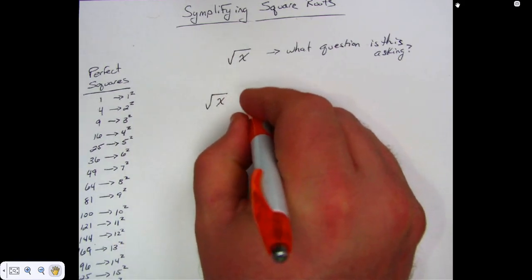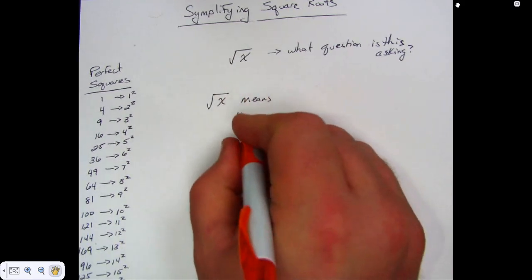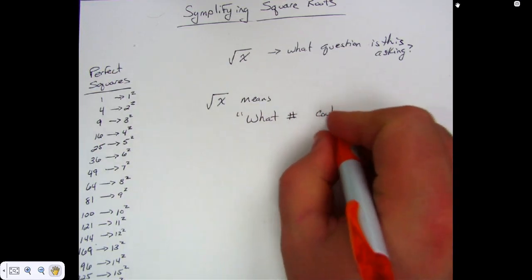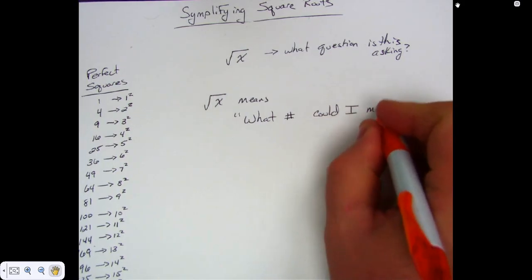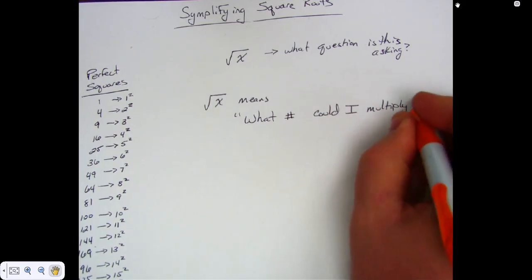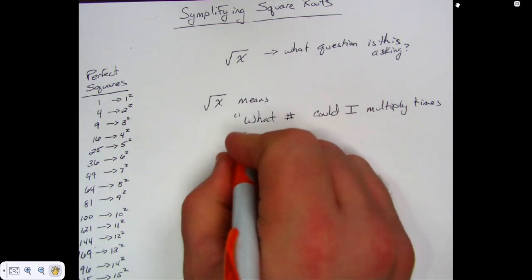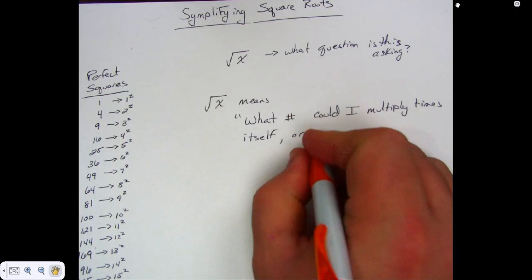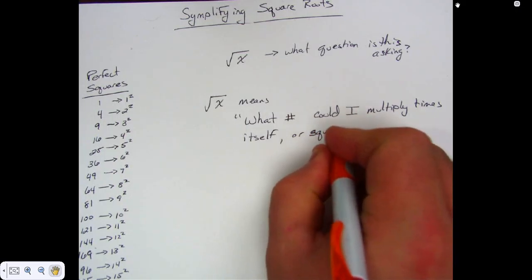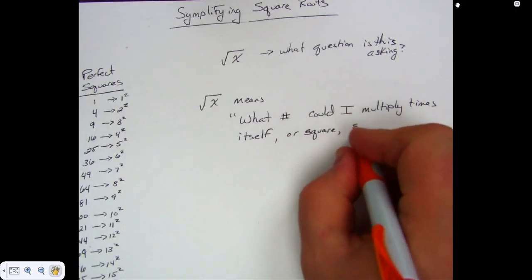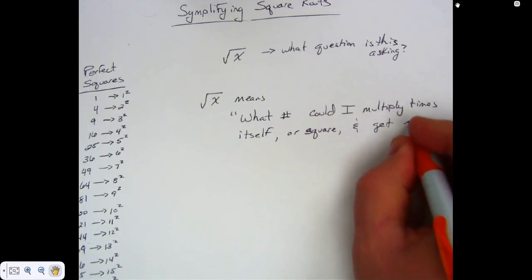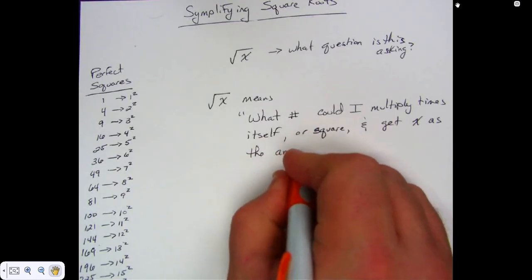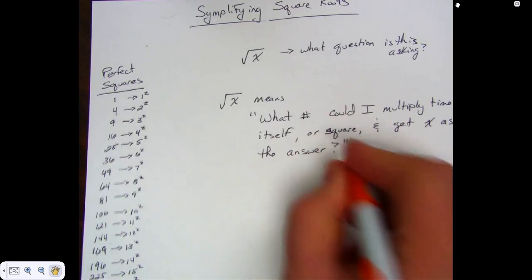The square root of x is asking: what number could I multiply times itself, or what's another way of saying that, square, and get x as the answer? That is the question it's asking.